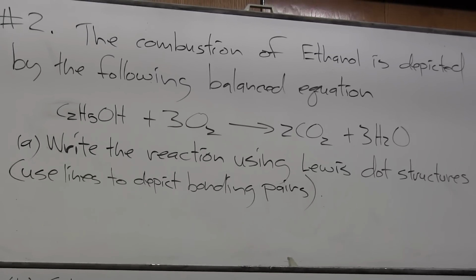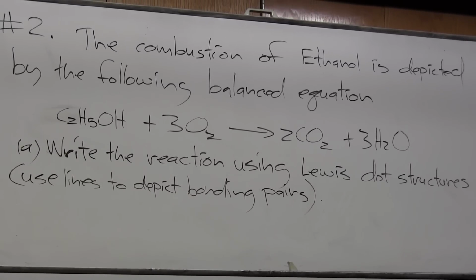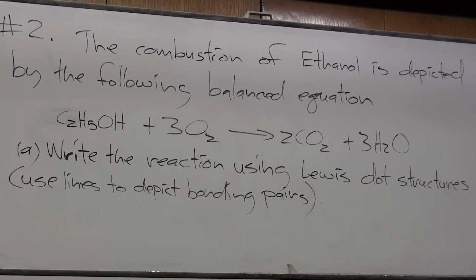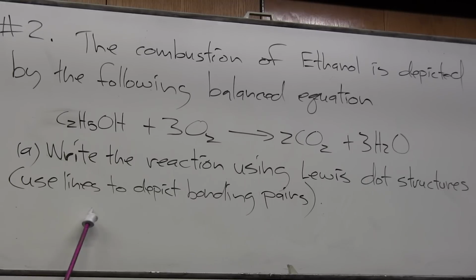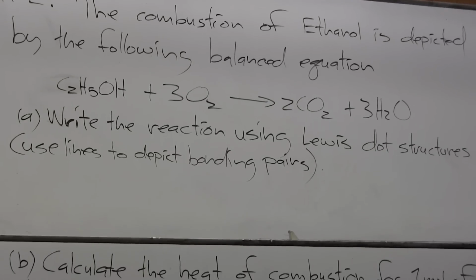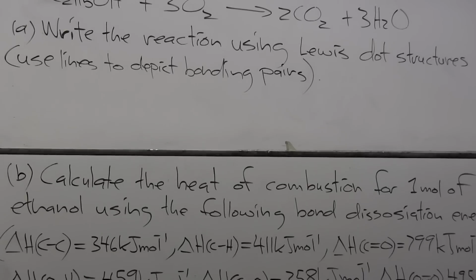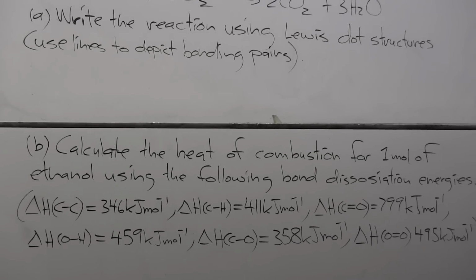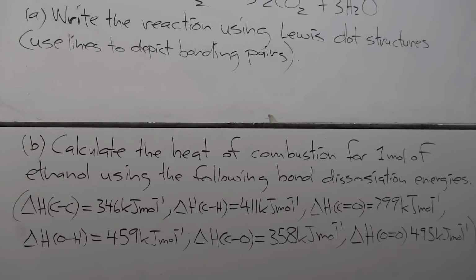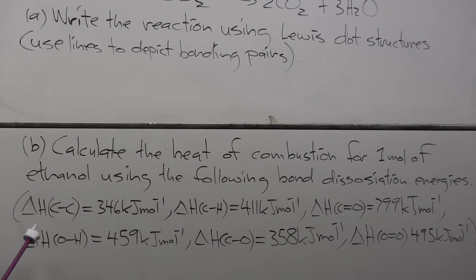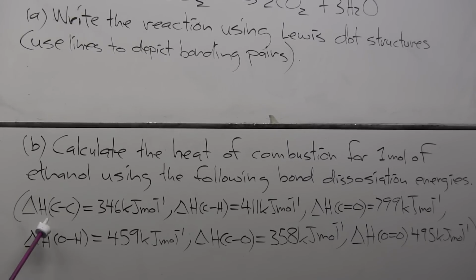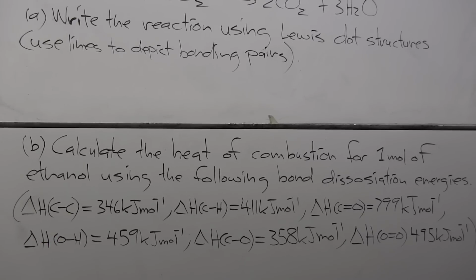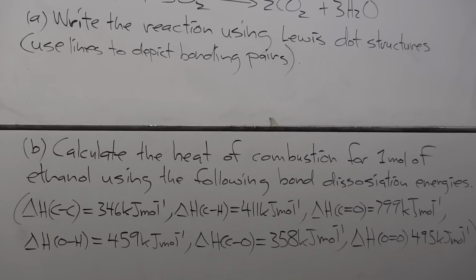Part A is write the reaction using Lewis dot structures and make sure to use lines to depict the bonding pairs. And then part B is calculate the heat of combustion for 1 mole of ethanol using the following bond dissociation energies. The delta H for a carbon-carbon bond is 346 kilojoules per mole.